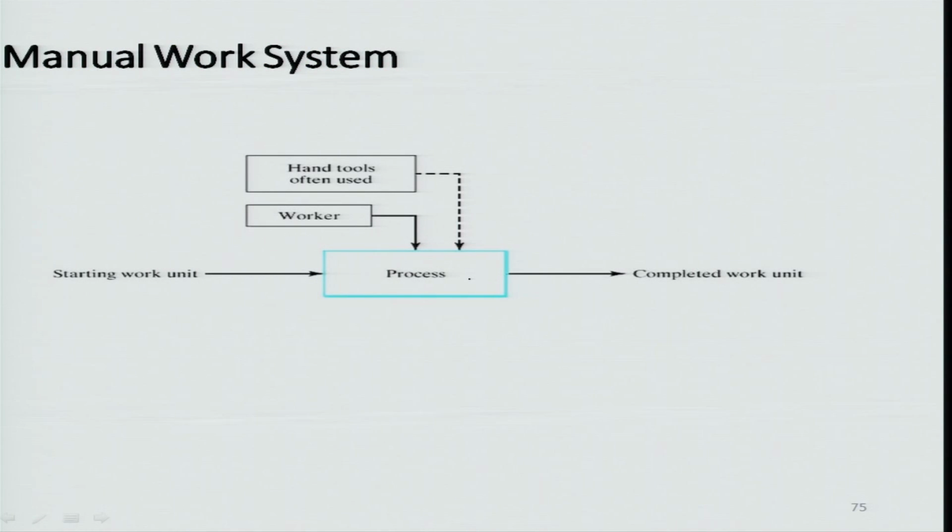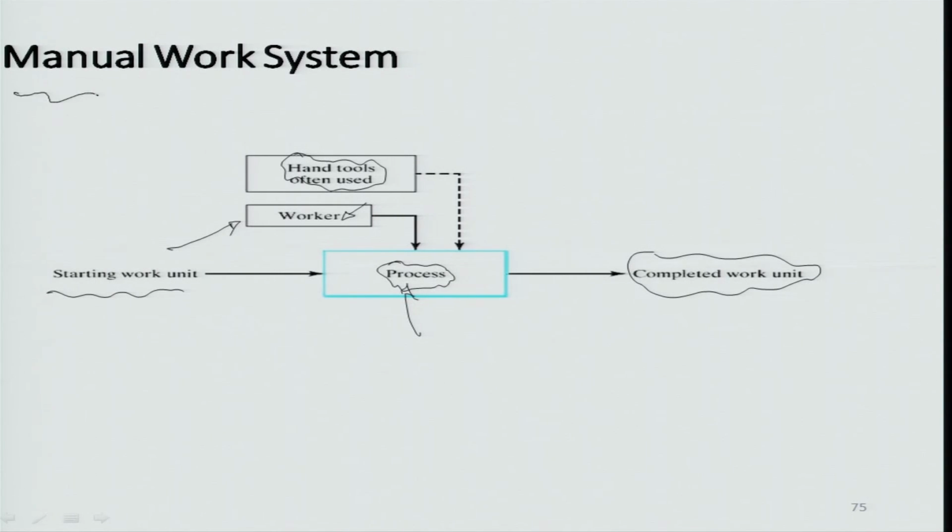So in a manual work system, you could have the starting work unit, which you can process either just by applying force or power on it through human subjects. So you have a worker who is working on a process, and at the most he can use hand tools. That could help this worker realize the process, so that there is a completed work unit which goes out.